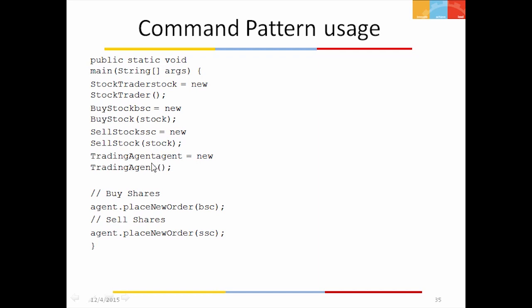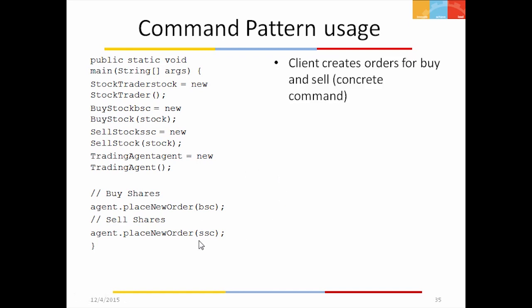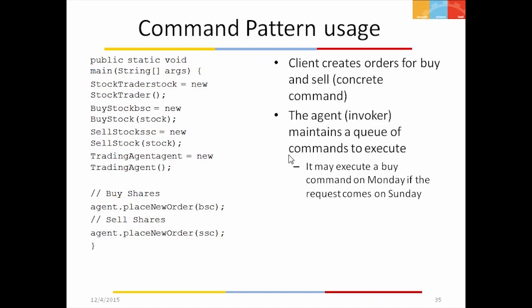It creates a trading agent, and then it says agent dot place order buy, agent dot place order sell. Then the agent executes these commands buy and sell, and they in turn typically go to the receiver, who is going to finally execute it and then give it back. So this code is there in my app class. This agent essentially places these commands in a queue and then executes them.